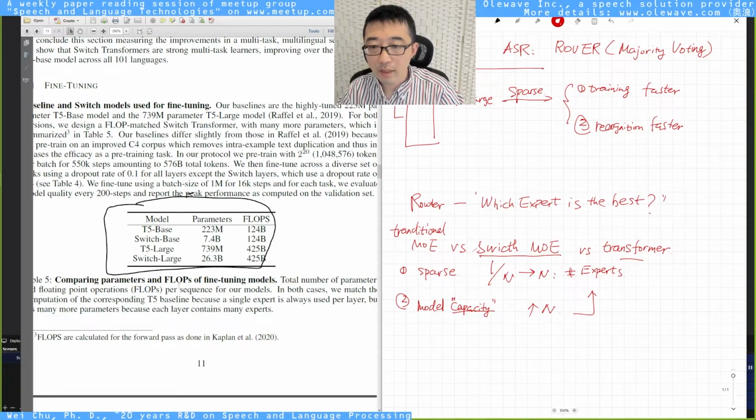Especially these results, I want to show you this one. You can see that T5 large is like a traditional transformer, and the switch mixture of experts is more like the switch large here.